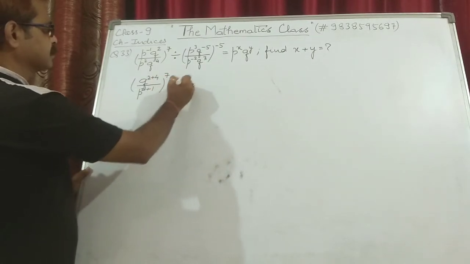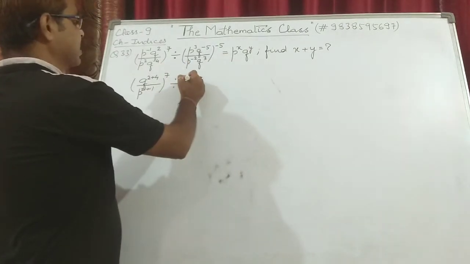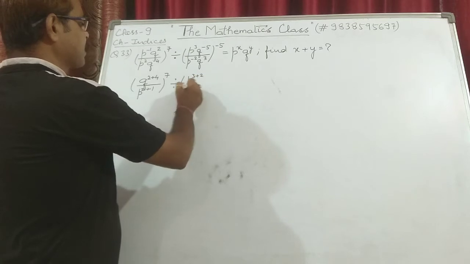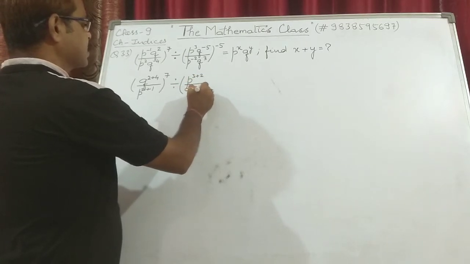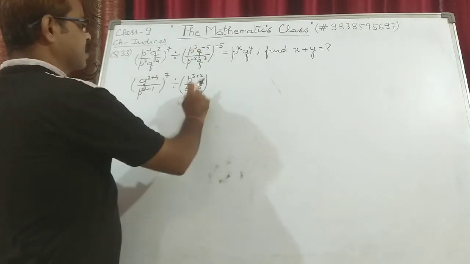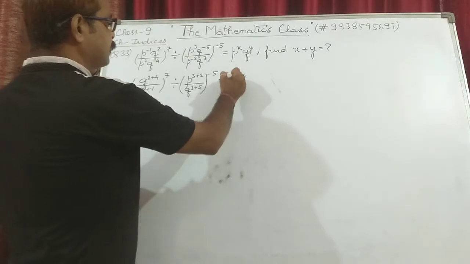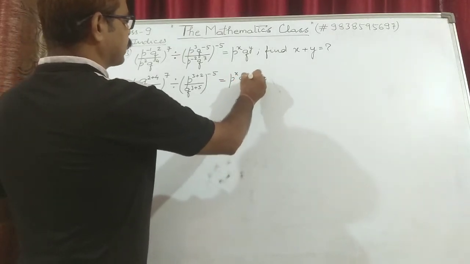Division sign, p goes to the numerator, so it will become p to the power 3 plus 2 upon q to the power 3 plus 5. This minus 5 comes to the denominator, so it becomes positive, and then the whole power minus 5 is equal to p to the power x q to the power y. First step.